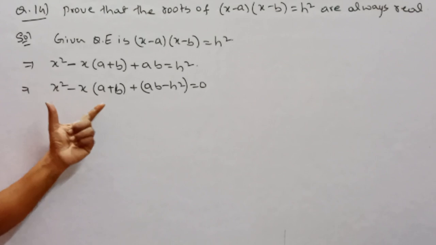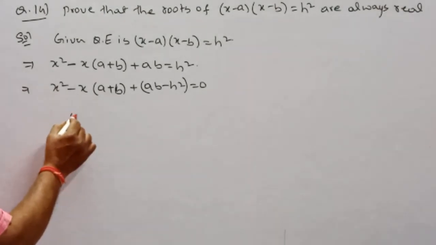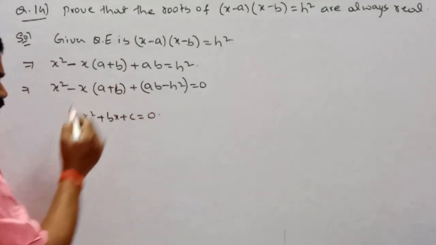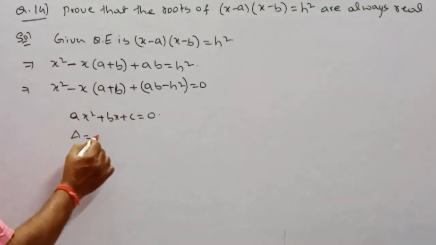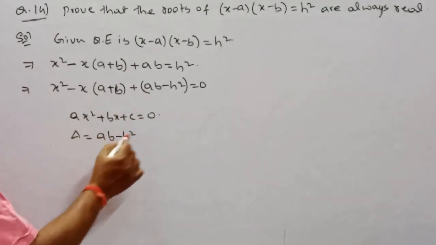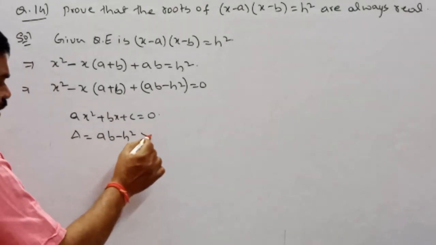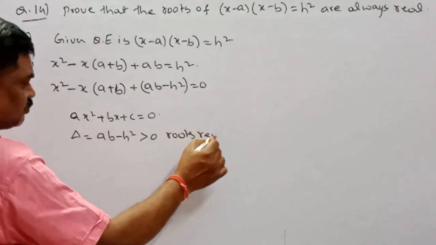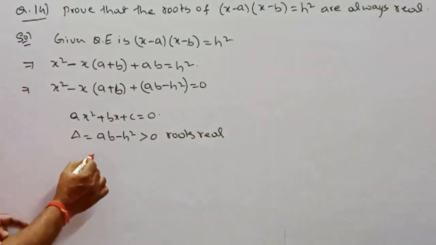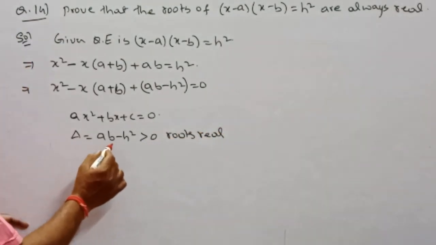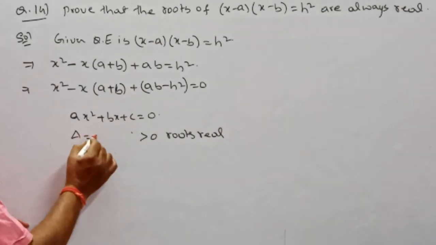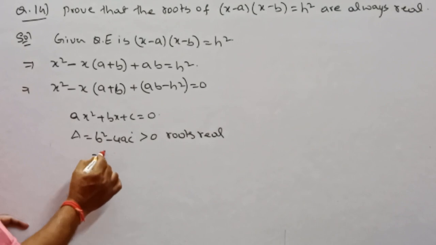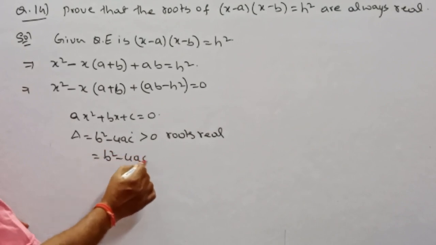Compare this with ax square plus bx plus c equals 0. Delta, b square minus 4ac, greater than 0 means the roots are real.